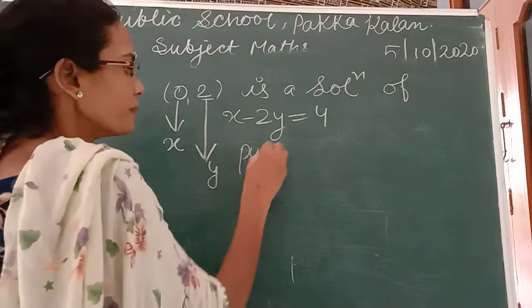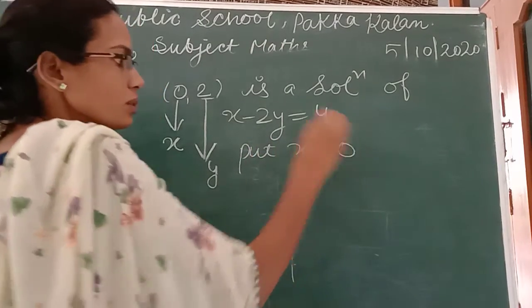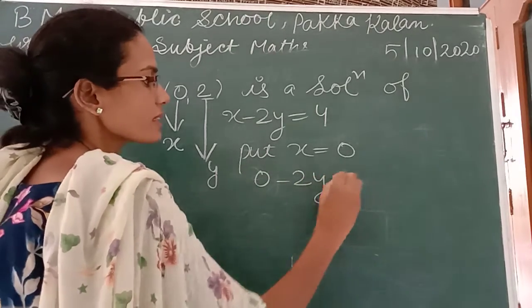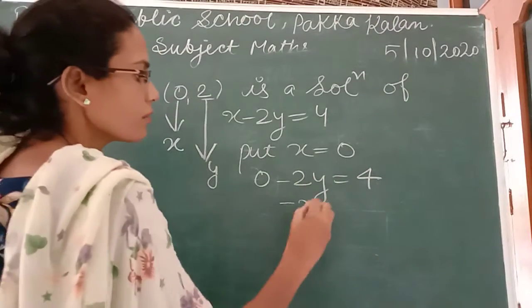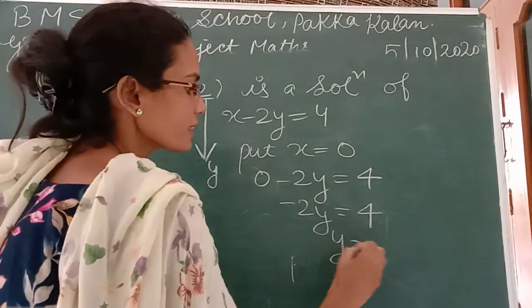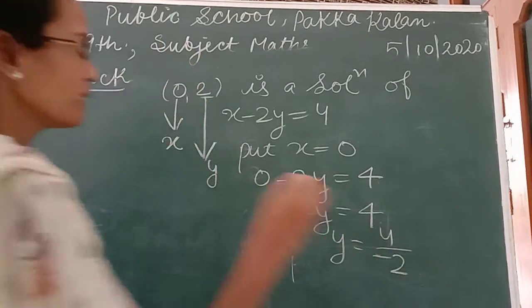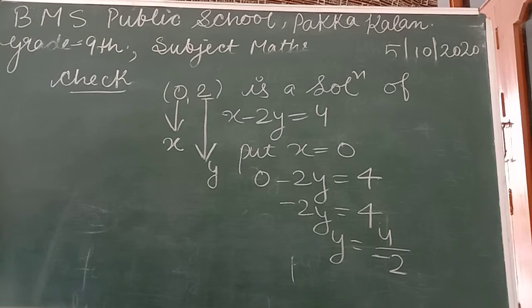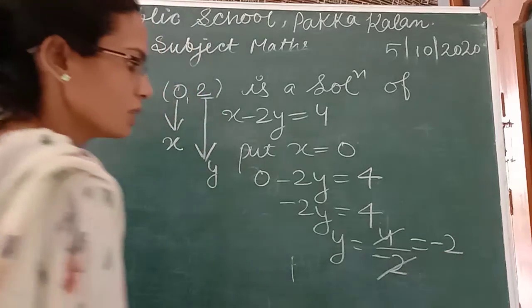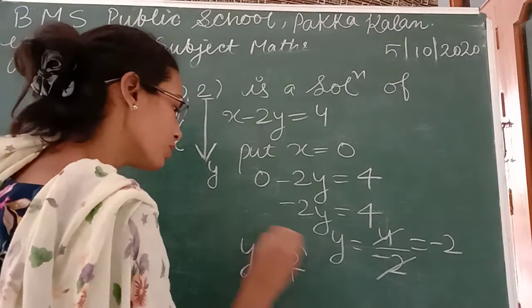So put x is equal to 0. Then 0 minus 2y is equal to 4, so minus 2y is equal to 4, and y is equal to 4 by minus 2, which is minus 2.